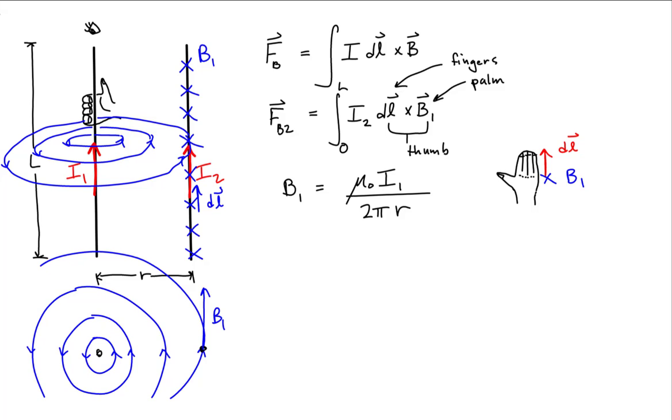Our thumb is pointing to the left. Because our thumb is pointing to the left, that indicates the direction of the magnetic force. So the magnetic force on wire 2 due to wire 1 is towards wire 1. So let's go ahead and illustrate that.